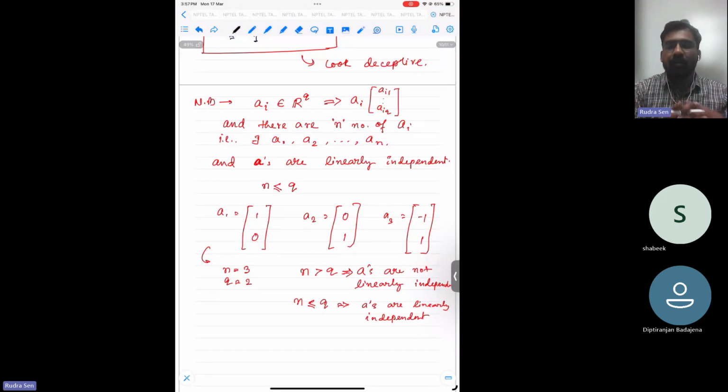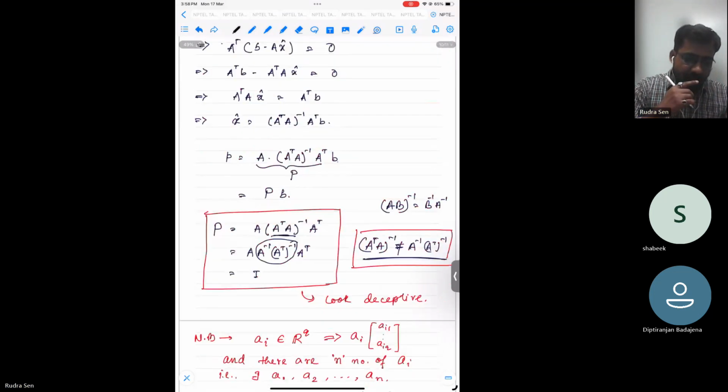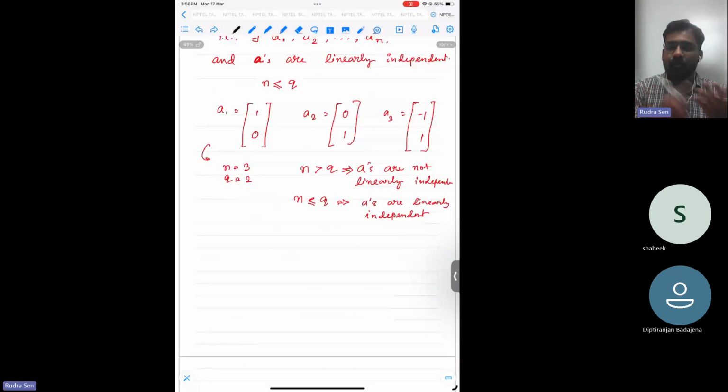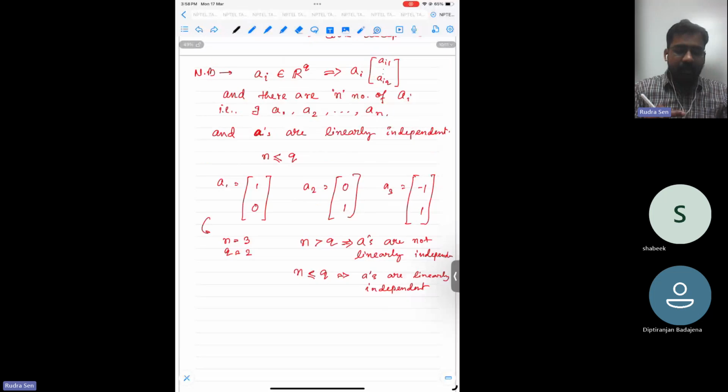So definitely the matrix that we get is either a square matrix or a tall matrix. We will never get a fat matrix, because if we stack all the A_i's, my q is greater than m, so my number of rows would be greater than or equal to the number of columns.